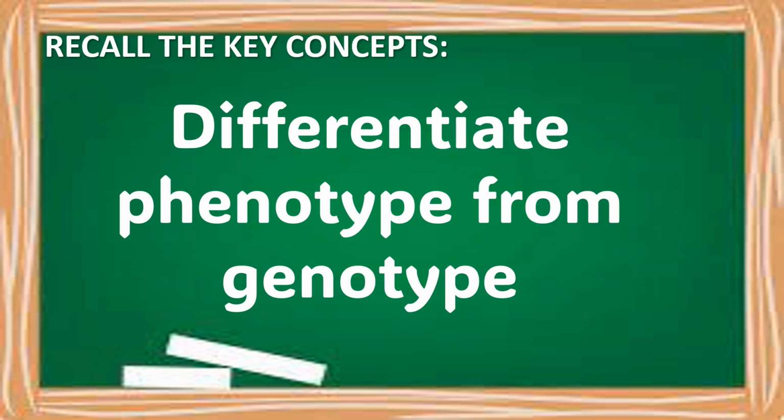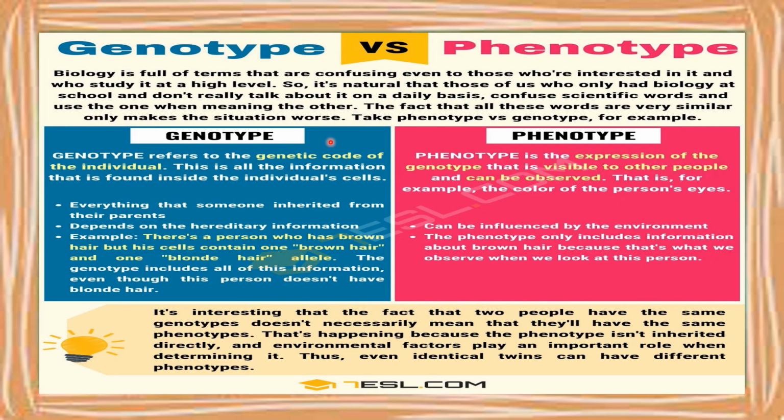Differentiate phenotype from genotype. So, what is the difference between a genotype and phenotype? Let's start from genotype. Genotype refers to the genetic code of the individual. Remember the words genetic code of the individual. This is all the information that is found inside the individual's cells.